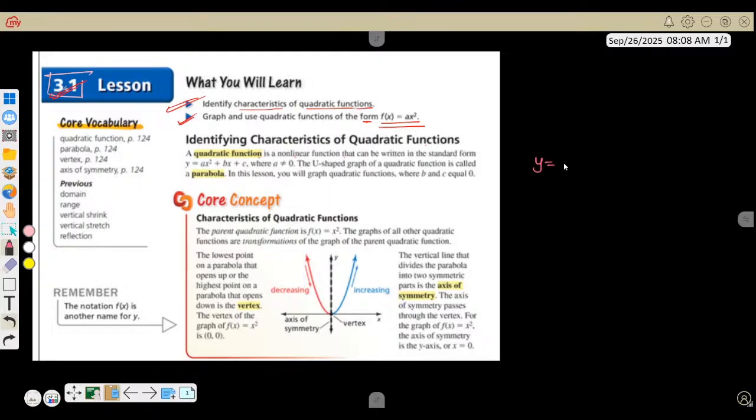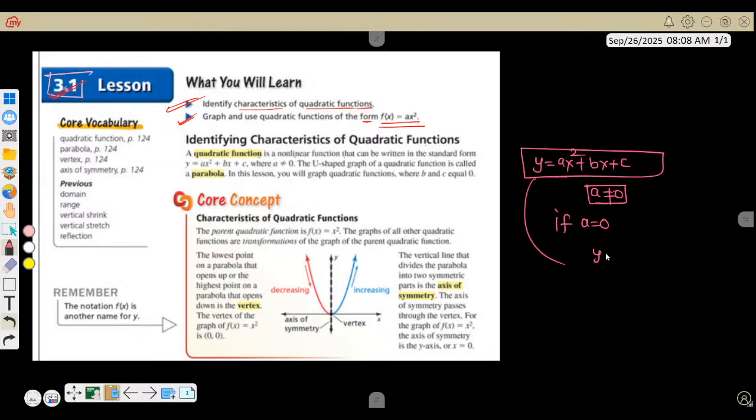This is the standard form of a quadratic function: ax square plus bx plus c, where a is not equal to 0, because if a is 0 then this term becomes 0. Then y is equal to bx plus c is left, and this is not quadratic, this is linear. That's the reason we have given that a is not equal to 0.